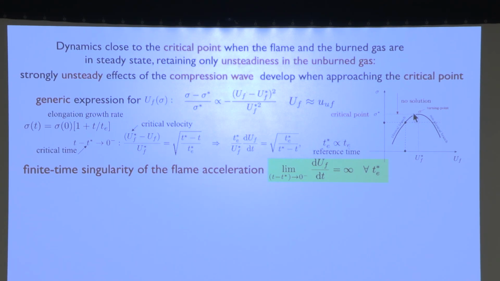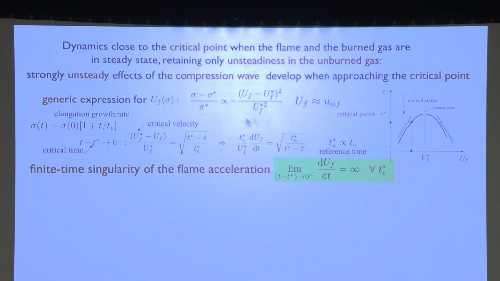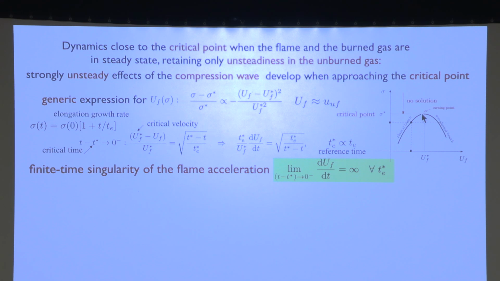Now, because you approach the critical velocity as a square root of the time, this is due to the fact that this turning point is a maximum of sigma versus uf. So you have such a relation. It is a quadratic relation.